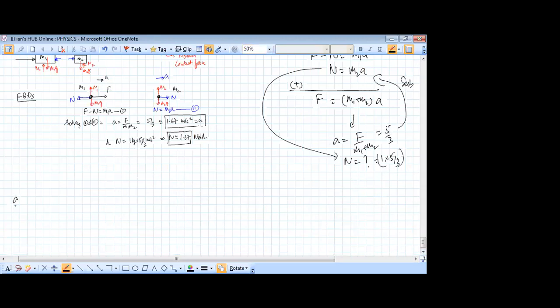So 9th question, you calculate F1 plus F2 as the net force is equal to mass into acceleration, and then you take magnitude of net force is equal to mass into magnitude of acceleration to find this. Okay.